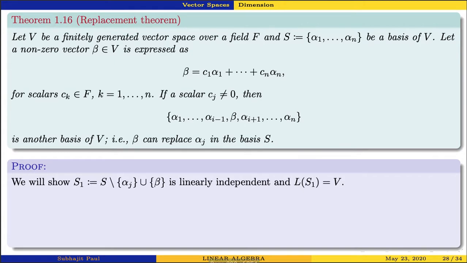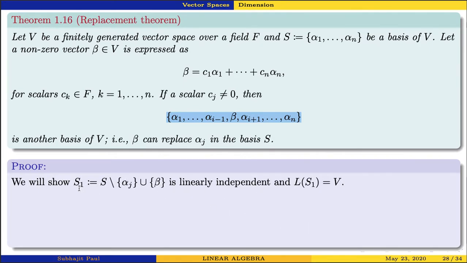The proof will show that this set, with alpha j minus 1 and alpha j plus 1 on either side, is basically S minus alpha j, union beta. So here just beta has replaced alpha j.